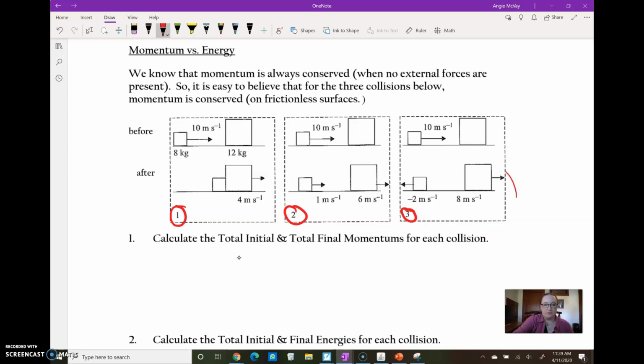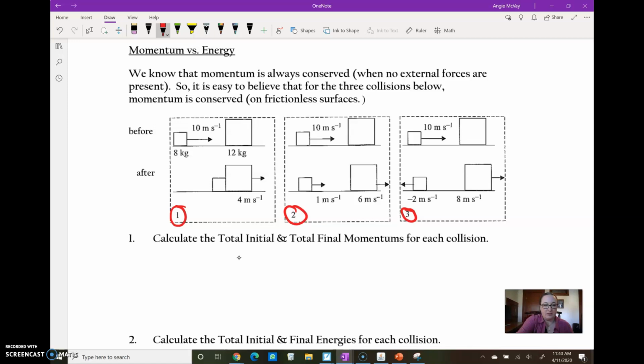For scenario number 1, the little block has a mass of 8 kilograms and the big block has a mass of 12 kilograms. The little block has an initial velocity of 10 meters per second, and the big block doesn't have any initial velocity, it's at rest.